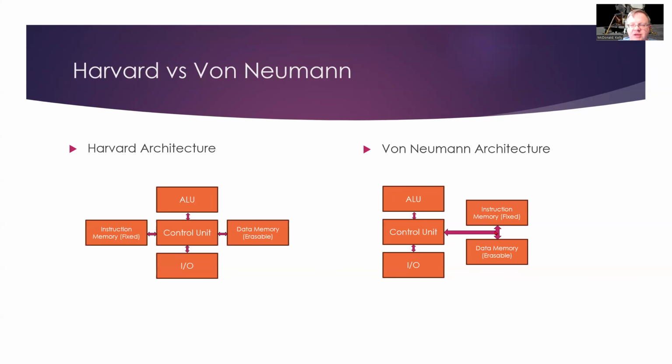Whereas with von Neumann, you only have one memory address 1000, and depending on how your memory map is laid out, it could be fixed or erasable, but you don't have to determine which 1000 you're referring to. So that was one big difference. For the Block 3, the intent was that there's a lot more fixed memory than erasable memory, so this would simplify some of the instructions for managing that disparity in memory sizes.